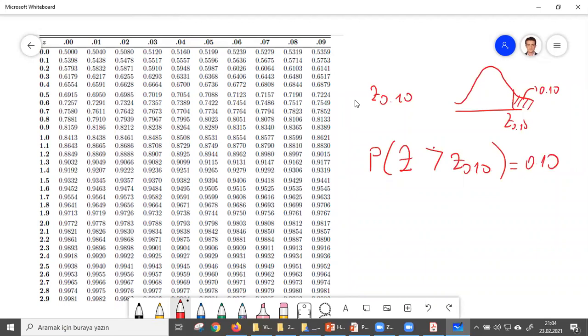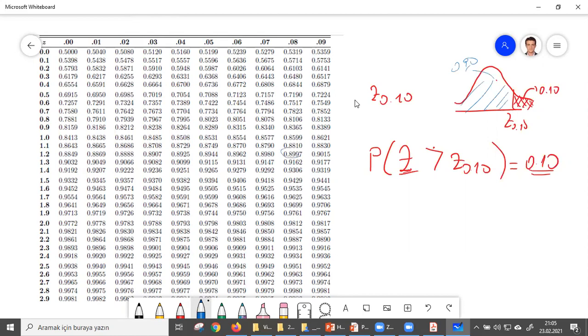Why? Because the probability that the random variable Z is greater than this part is given by this area, which is equal, by definition, to 0.10. So how about this blue area, the remaining area? That's equal to 0.90. So what I will try to find is the 0.90 area. Where is that?